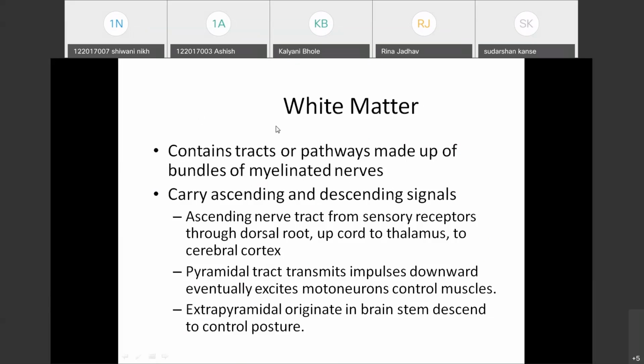So when you say white matter, it is made up of bundles of nerves or axons in the middle part. It carries ascending and descending signals, both from sensors to the brain and from brain to the sensors. So this is what is called white matter.